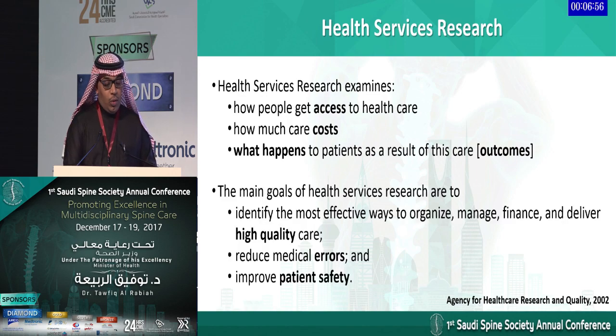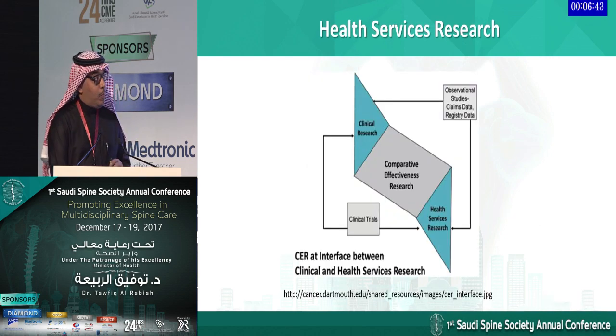So the eventual goal of health services research, compared to clinical research, is to identify effective ways to deliver care, to avoid errors, and to improve patient safety. It's complementary and it's interacting. The clinical research and the health services research complement each other in order to improve the eventual patient care.